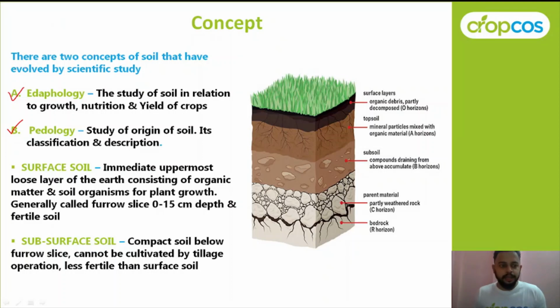Here you see there are two basic concepts that evolved from scientific study. One is edaphology and the other is pedology. Both are branches of soil science in which we study soil from different angles or different corners.